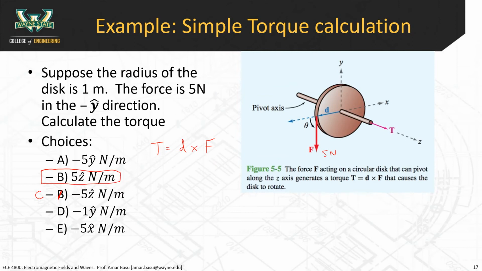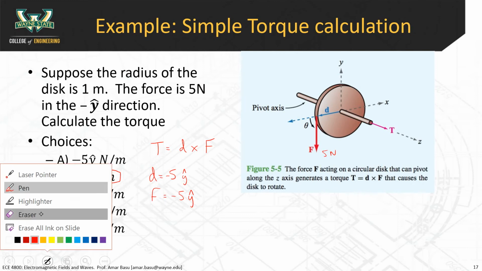All right, so the way that we solve this problem is our d is equal to negative 1 x hat, and the force is equal to negative 5 y hat. Okay, let's erase this.